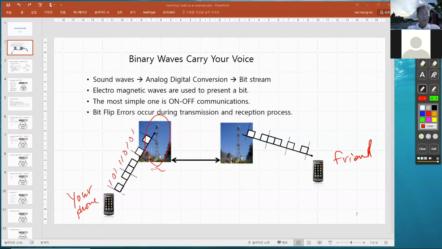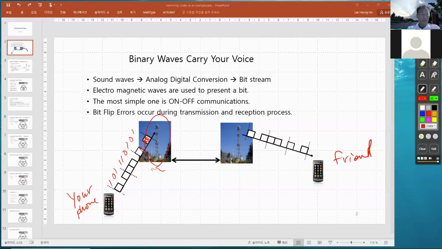Here I use electromagnetic waves to represent a single bit. So here where I have a box, that means electromagnetic waves are there. And then 0 means no signal sent.